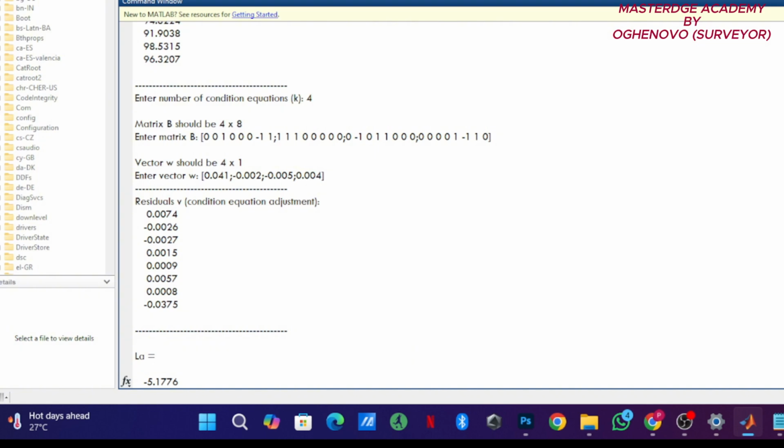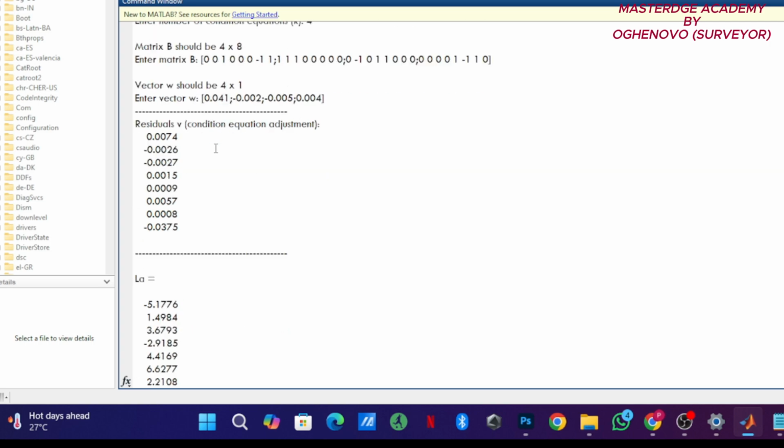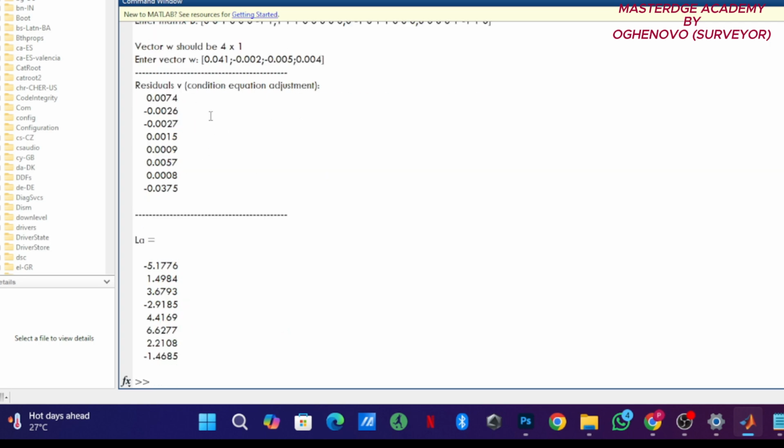Now remember from the formula, it collects P from, because it's still on the same script, so you collect P from our first P where we inserted. So this is our formula. Sorry, this is our answer that's giving us our residuals, and this LA now is our change in height plus or minus our residuals. That's how we got this. Now remember this on the final answer, because it does not look like this.